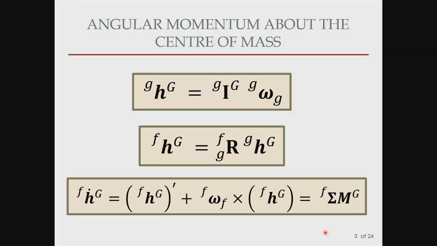Now this formula, h dot about G equals sum of moments about G, you can't just arbitrarily use that about any other points, not G, but we will show how it also works for this O, for this special case of purely rotational motion. I'm going towards a special case where something similar could be applied. Not always, just when you have this purely rotational motion.